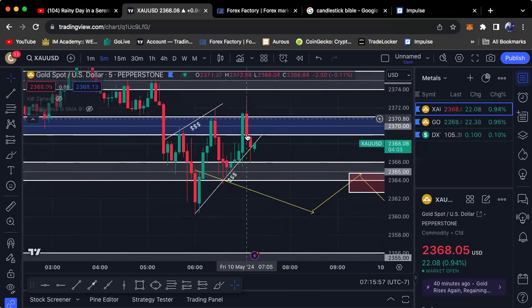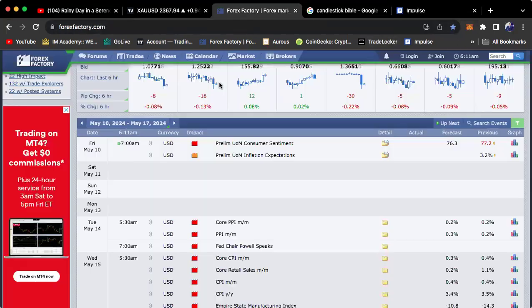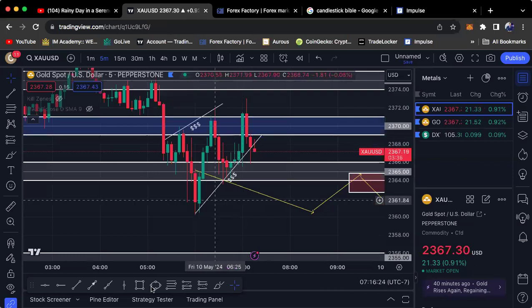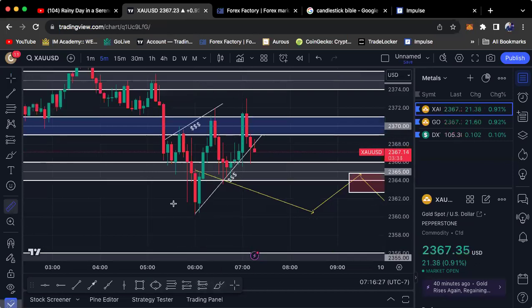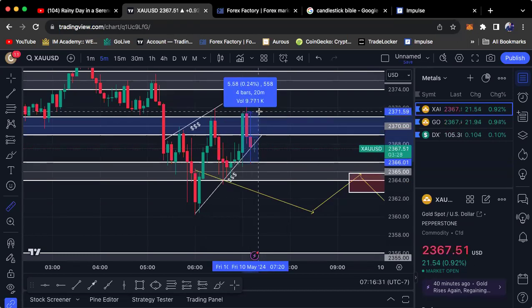Yeah, so price is just moving. This news event, it's giving you red and orange folders, and yes, it indicates an impactful news event. But really, look at this. It's a total of what? 50 pips.